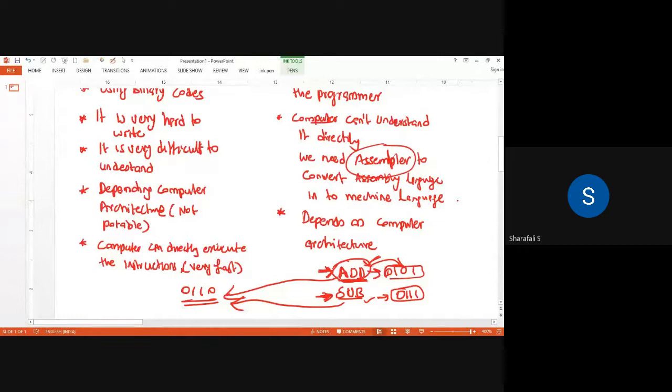So here also we can see it is highly dependent on computer architecture, and it is not portable.